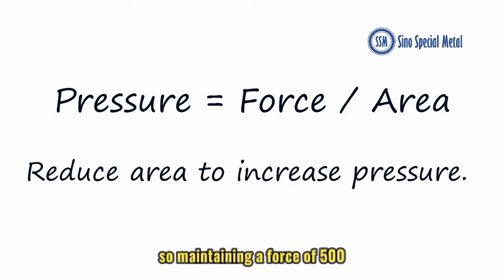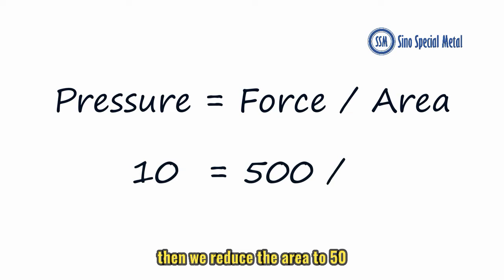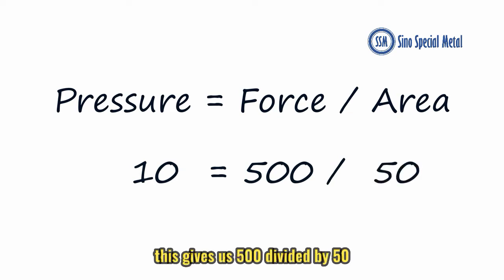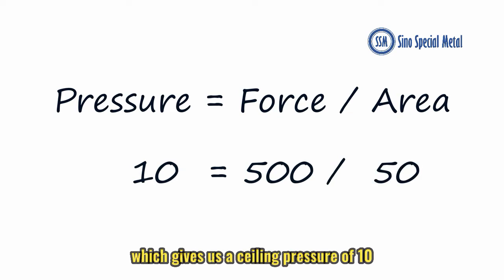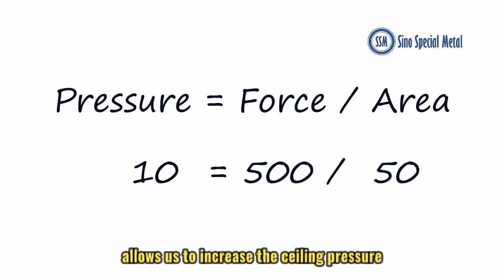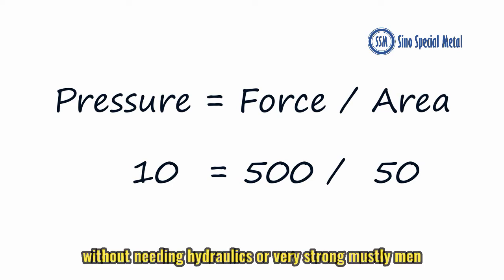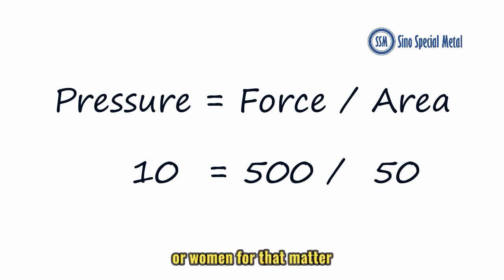So maintaining a force of 500, if we want to achieve a sealing pressure of 10, then we reduce the area to 50. This gives us 500 divided by 50, which gives us a sealing pressure of 10. So reducing the area allows us to increase the sealing pressure of the flange without needing hydraulics or very strong muscly men, or women for that matter.